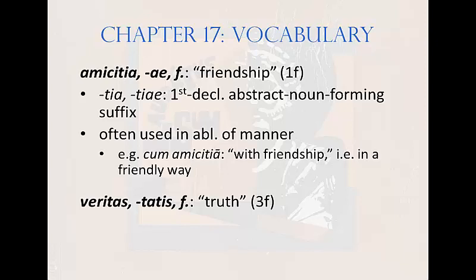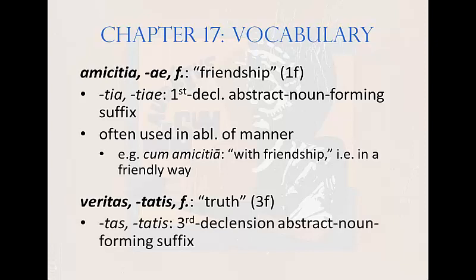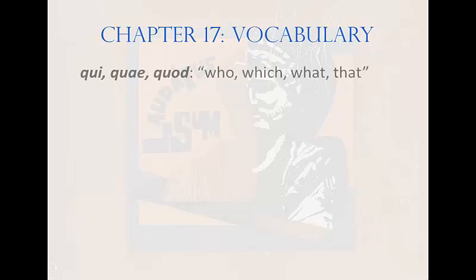It's third declension feminine. We've already encountered the tas, tatis suffix when we reviewed third declension nouns way back in chapter 7. Remember, they're always feminine, have third declension endings, and form abstract nouns. The next word is qui, quae, quod, which we have discussed at length above. No need to rehearse all that here.